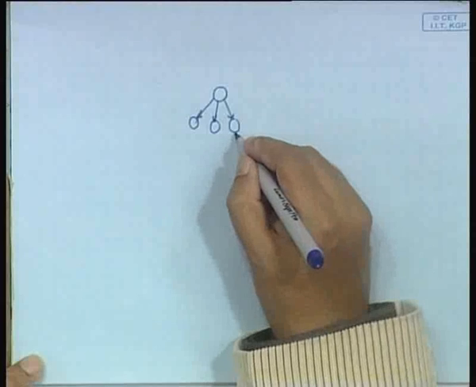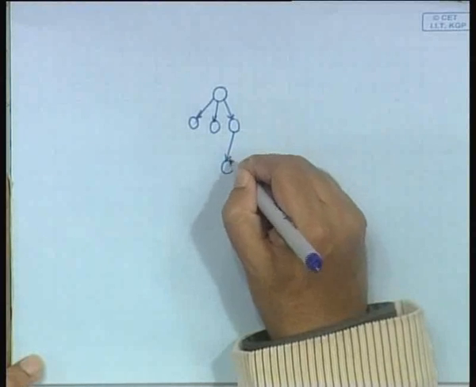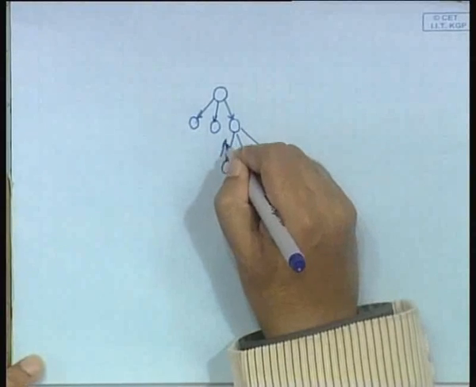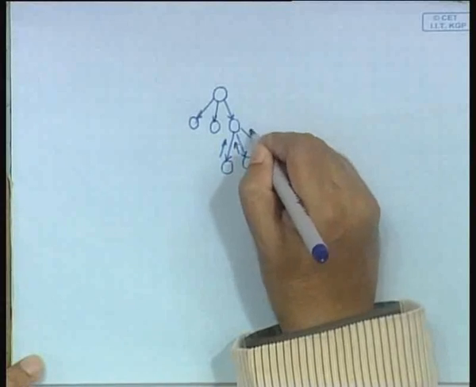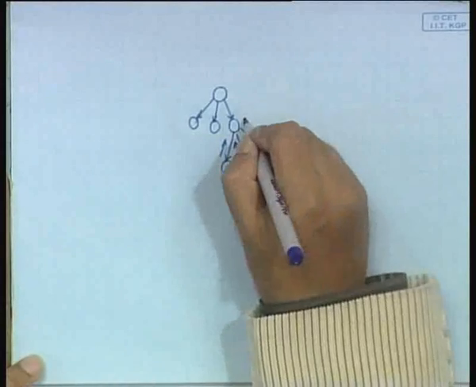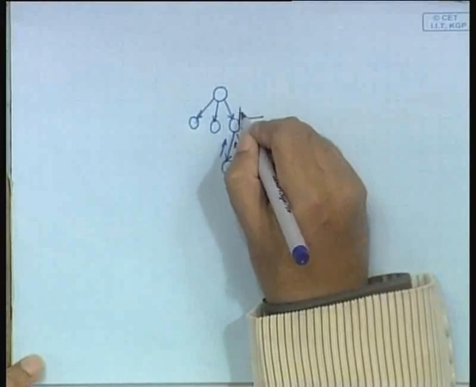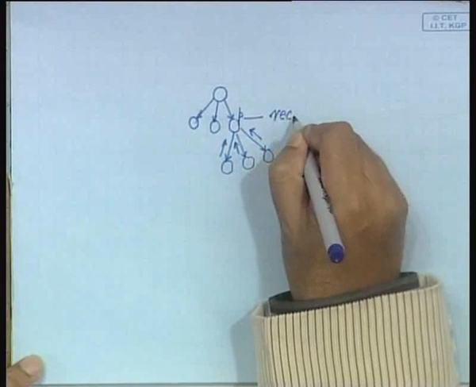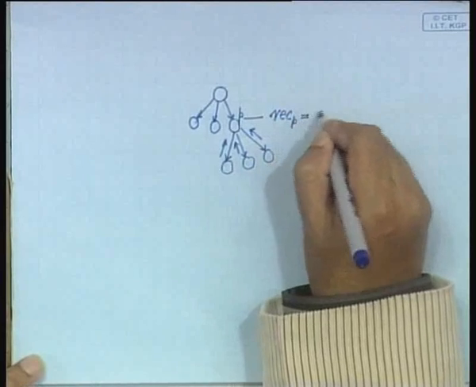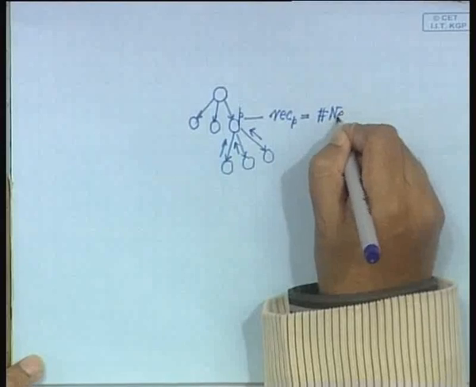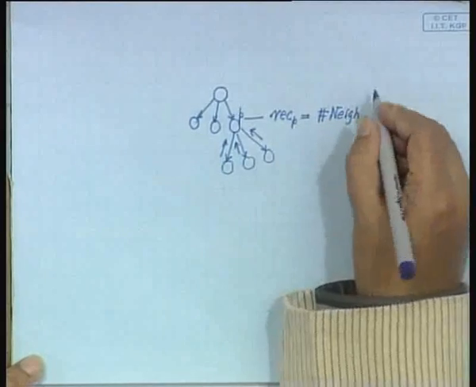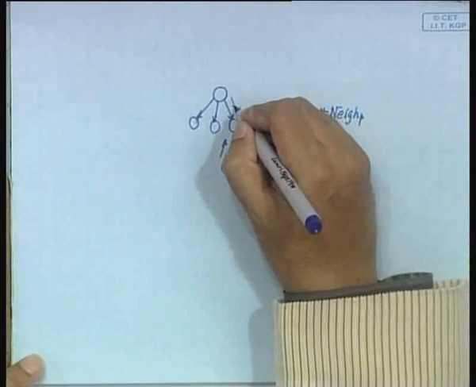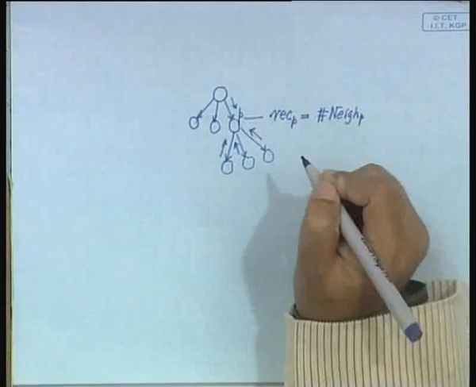Now, a particular child will propagate the wave out, and then when it gets a token back from each of them, suppose this is P, at that time the value of RECP will be equal to the number of neighbors of P, because it has got a token from its parent, and now it has got tokens from all of its children.